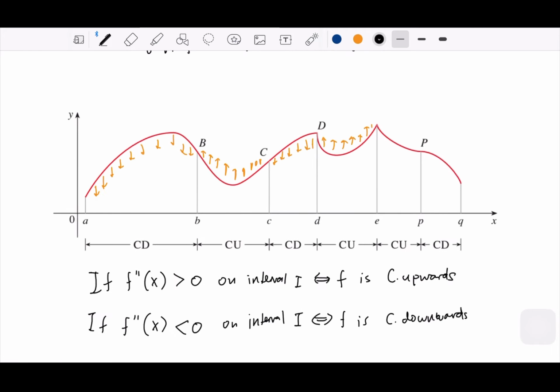And now we have the point that is stated at B, C, D, and maybe P, okay? And on this graph, a point on a curve where the concavity is changing is called, let's say, an inflection point.